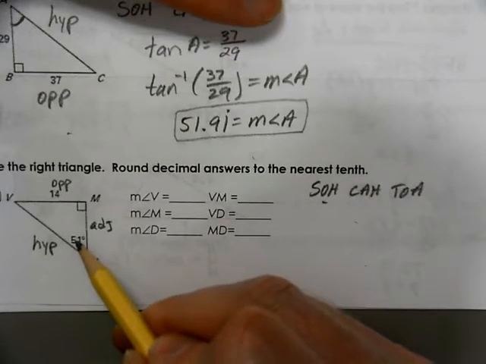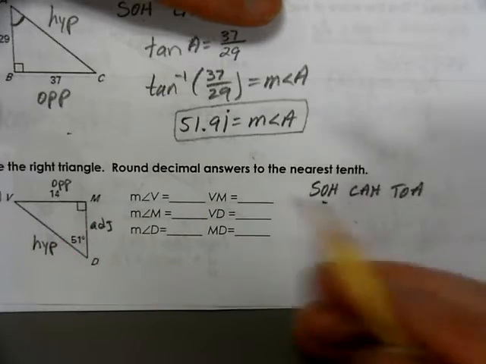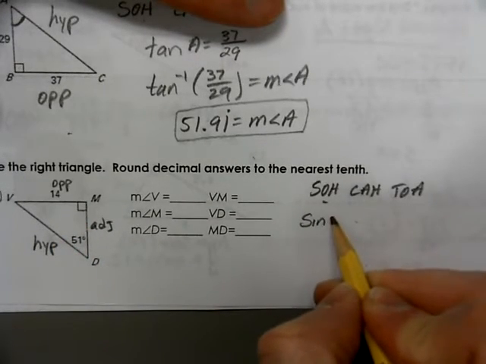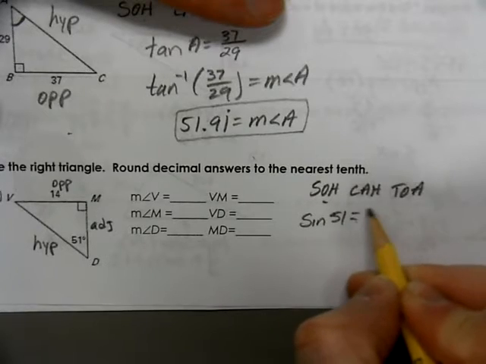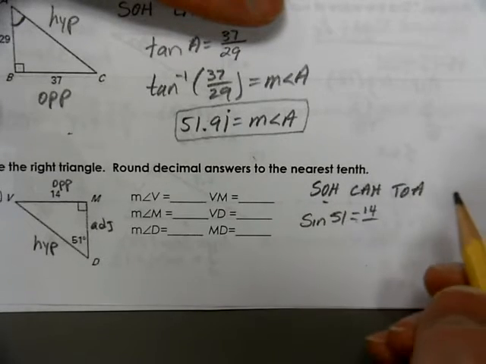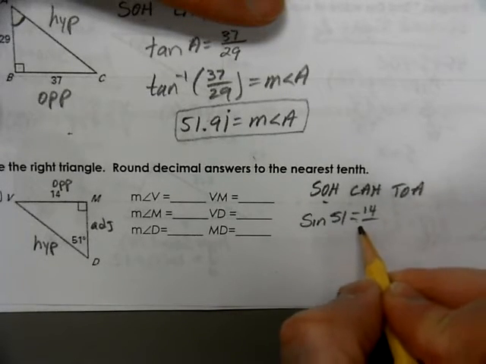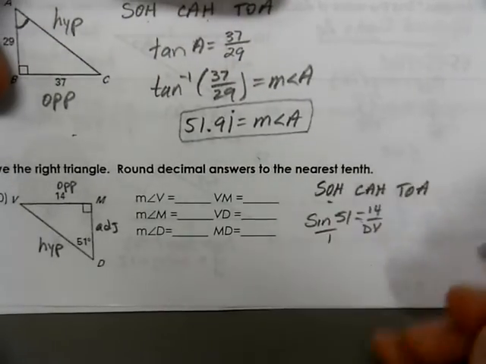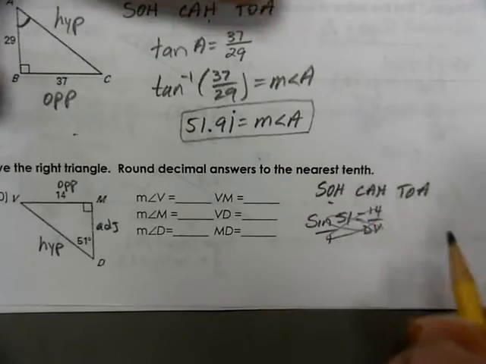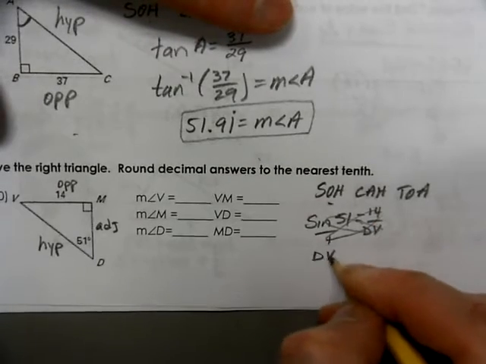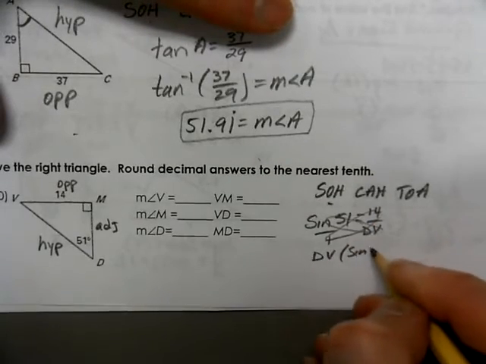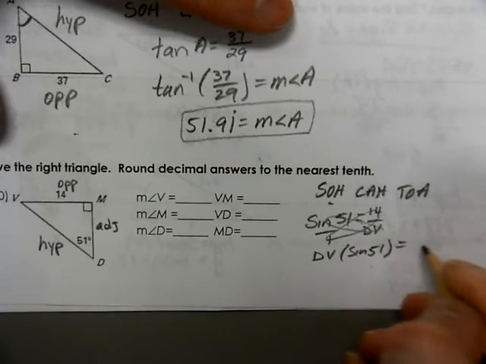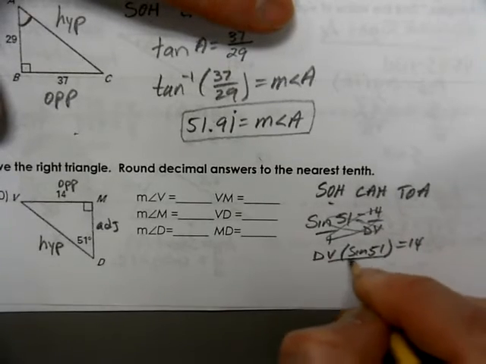So from the 51, we're going to look at opposite over hypotenuse. So that sine of 51 equals the opposite side over the hypotenuse, which is DV. We'll cross multiply. DV times the sine of 51 is going to equal 14.